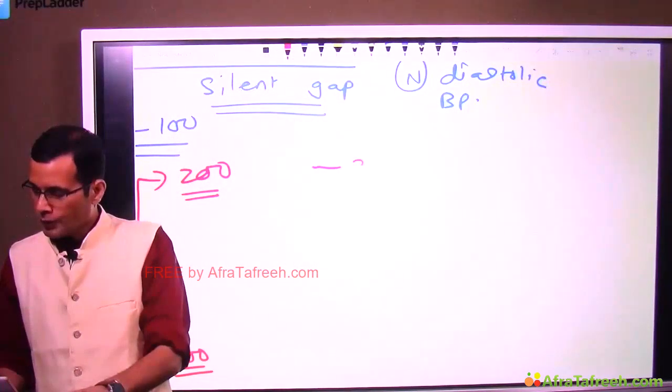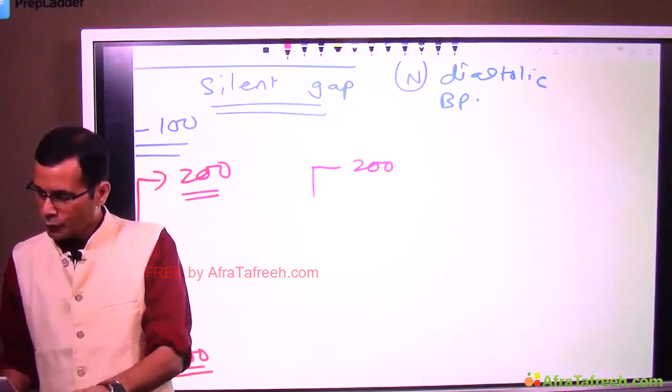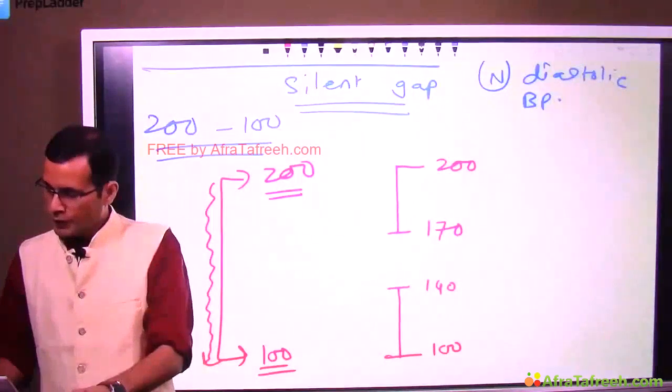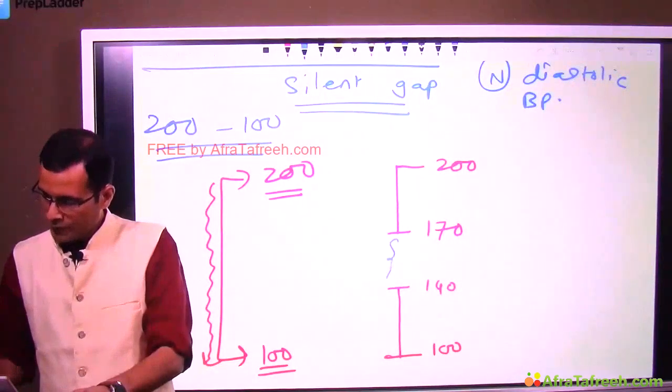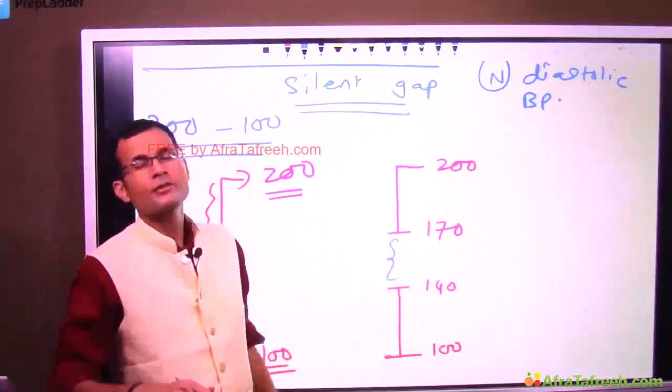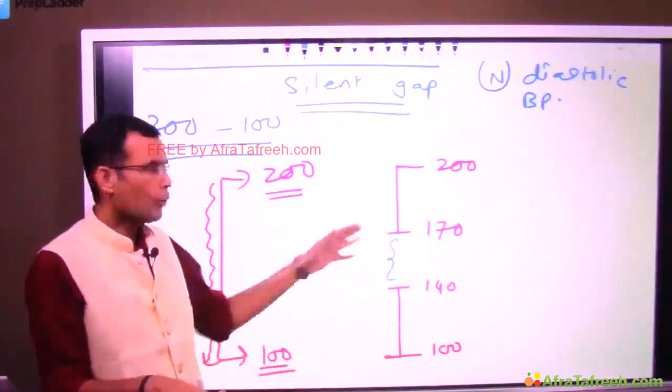Means what? First sound appears at 200, then sound suddenly disappears at 170, again reappears at 140, and finally disappears at 100. So this gap, while you were lowering the pressure, that's called as silent gap or auscultatory gap.